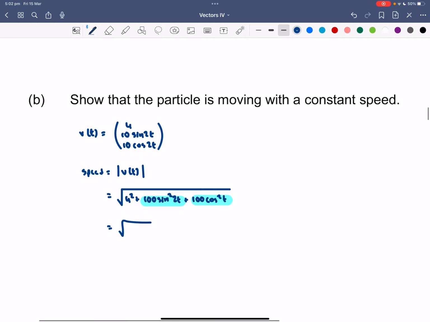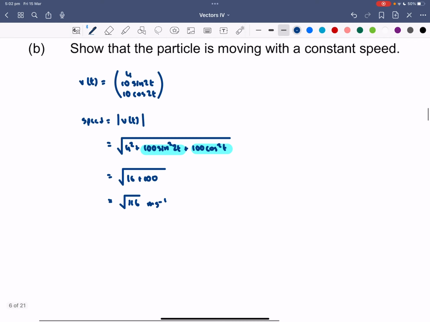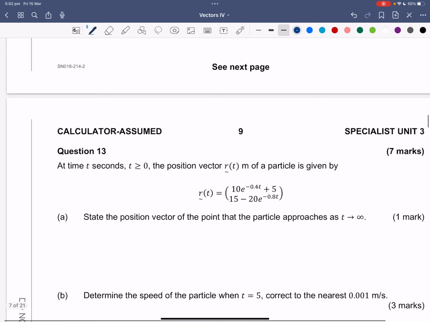So we have square root of 4 squared, which is 16, plus 100, which is square root of 116. The point is that it is a constant value, independent of time. So speed is independent of time, therefore the speed is constant. Very easy question. Next one.